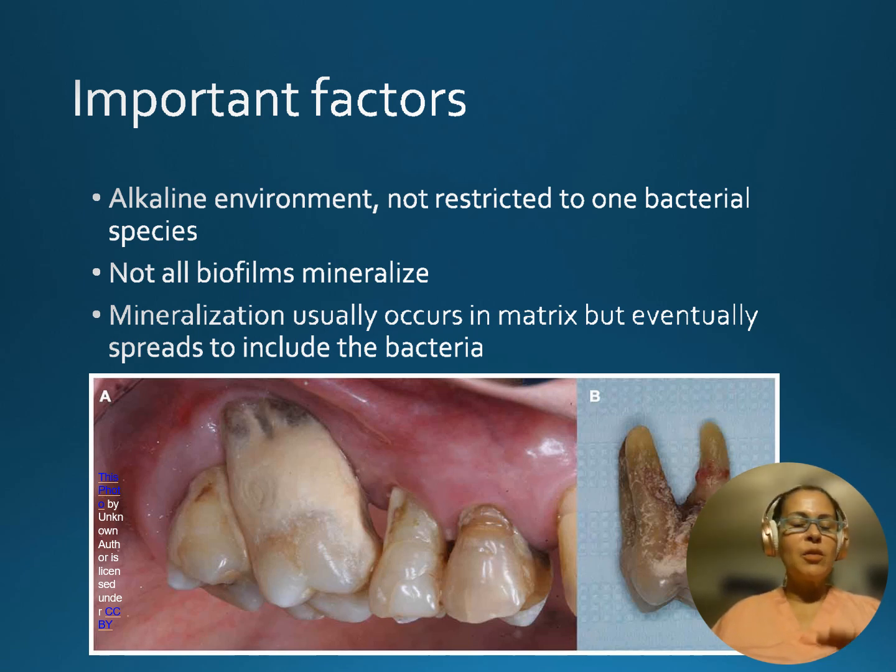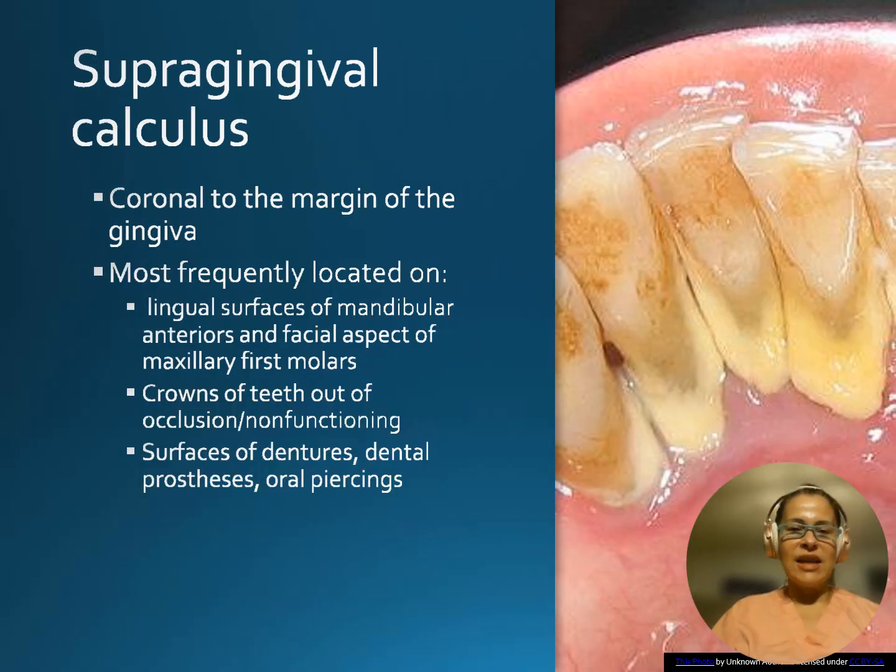If you remember, the matrix in the biofilm will be that squishy, flubbery substance that binds everything together. So this is what we're talking about here. Normally, the calculus will be that slimy thing that calcifies, but eventually it will spread to the bacteria that's inside the slimy matrix.